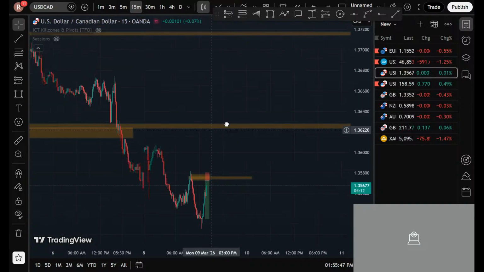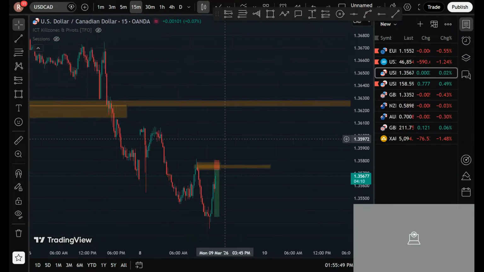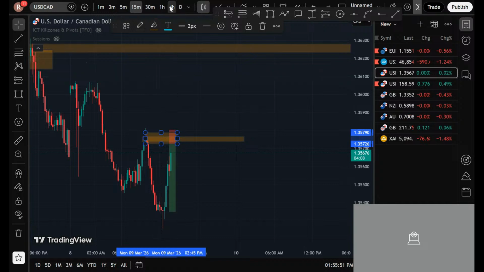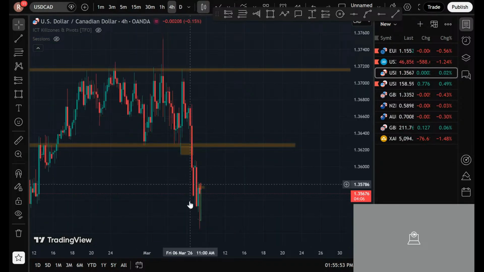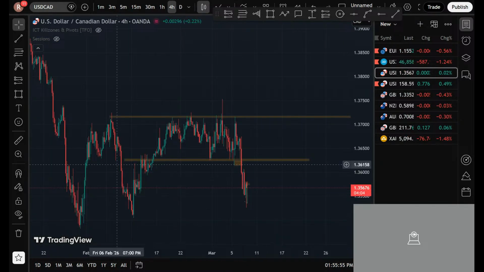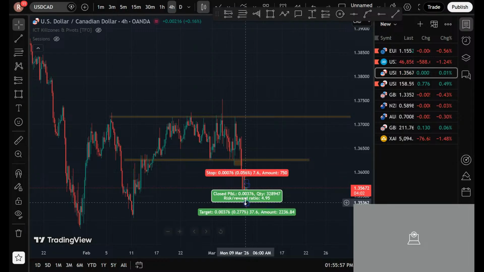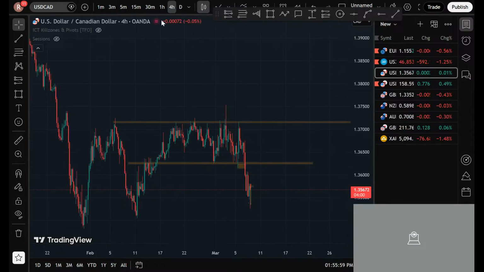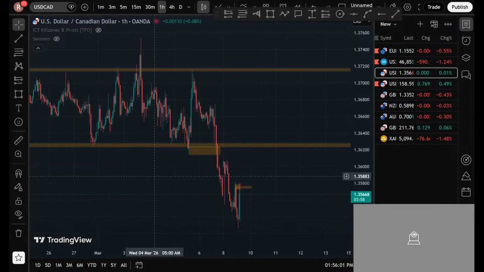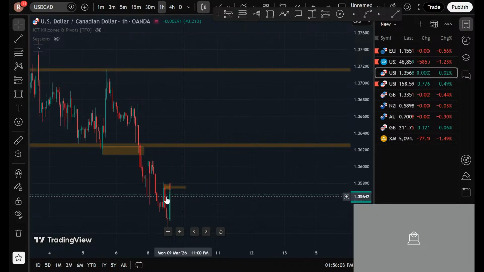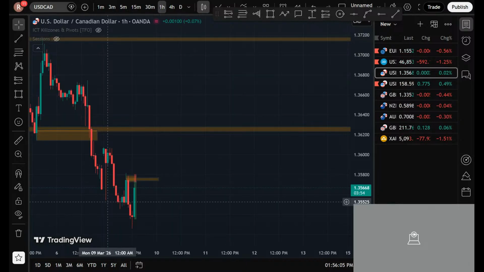But I think on USD CAD, all the time frames are proper bearish. Selling. Let's see this candle. Sellers are becoming so weak.